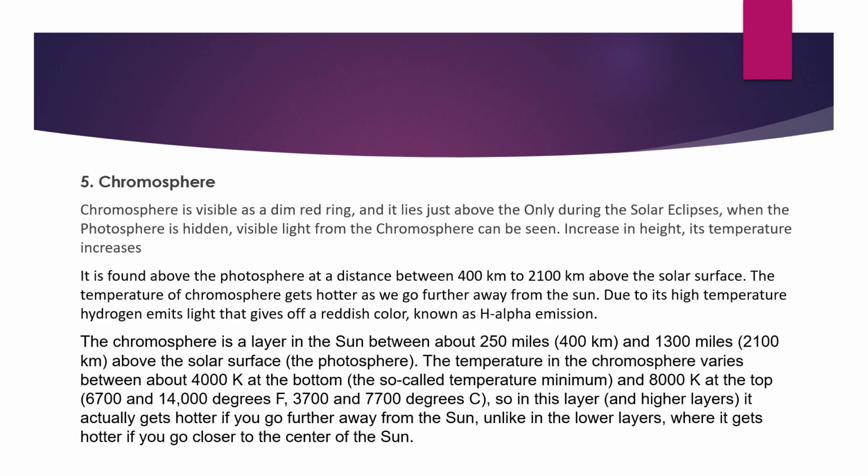The temperature in the chromosphere varies between about 4000 Kelvin at the bottom, the so-called temperature minimum, and 8000 Kelvin at the top, 6700 and 14,000 degrees Fahrenheit, 3700 and 7700 degrees Celsius. So in this layer it actually gets hotter if you go further away from the sun, unlike in the lower layers where it gets hotter if you go closer to the center of the sun.